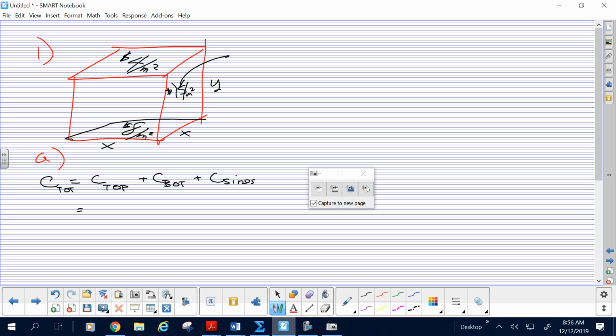And it's correct, obviously. What about the cost of the top? How do I calculate? 4x squared, okay? 4 is not enough because it's $4 per square meter, so I'd have to take into account how many square meters. What about the cost of the bottom? 8x squared.